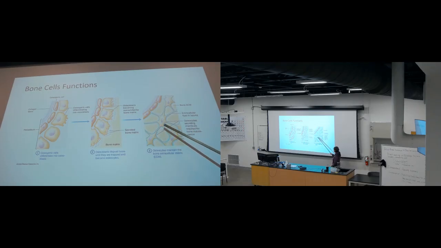And all of this helps to transfer signals, like chemical signals, physical signals, and they can also share nutrients through these connections. And these extensions are surrounded by this calcified matrix.